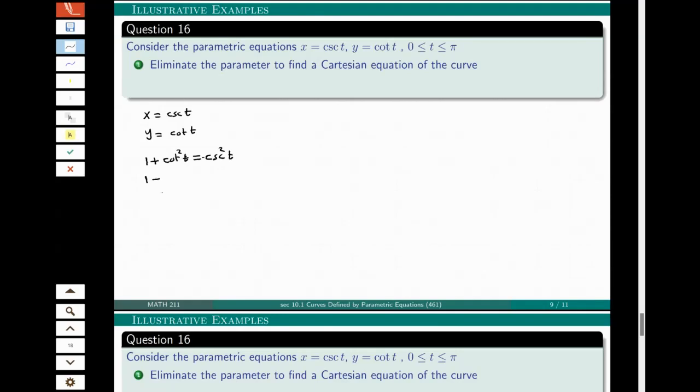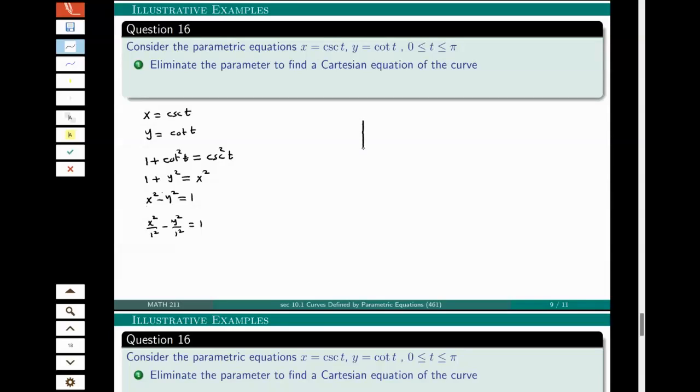So that will mean 1 plus y squared is equal to x squared, which means x squared minus y squared is equal to 1. This we call a hyperbola, x squared over 1 squared minus y squared over 1 squared is equal to 1.